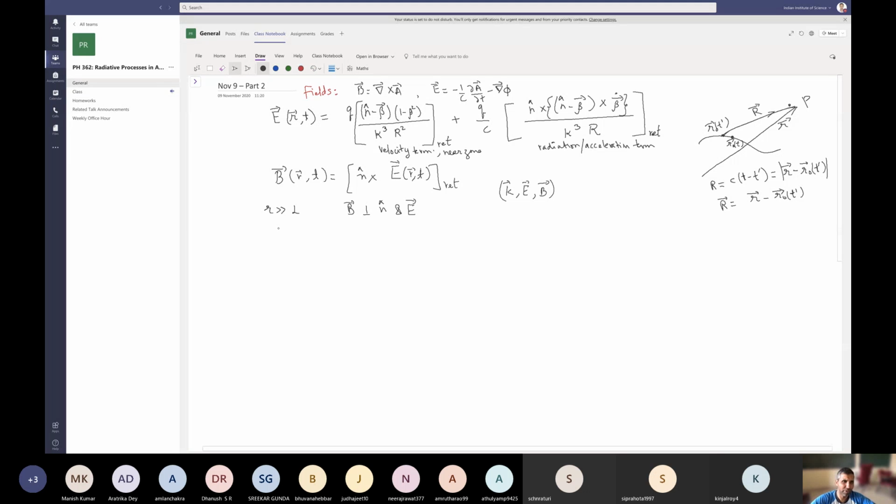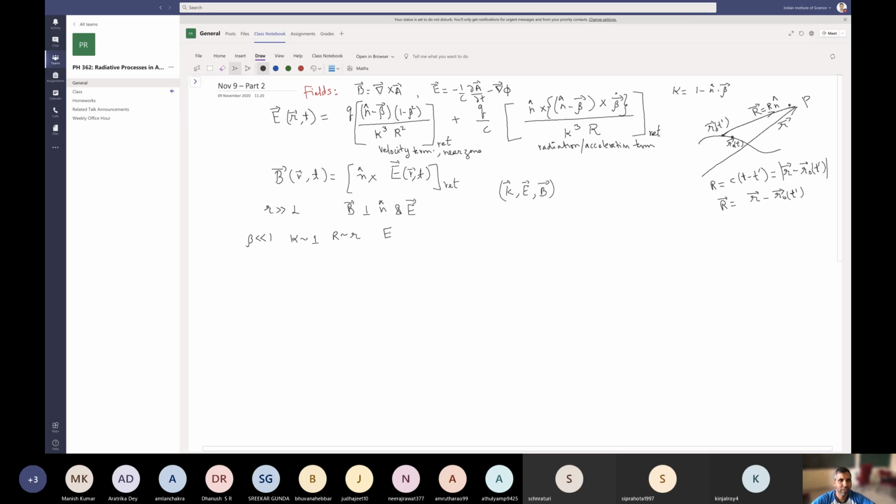And for this term, when beta is much less than 1, the velocity term, kappa is 1. So let me just write down what kappa was. This direction is n hat, and this is equal to R n hat. And kappa was 1 minus n hat dot beta, where everything is at the retarded time. So kappa is of order unity when beta is much less than 1, and r is the position where you're measuring.